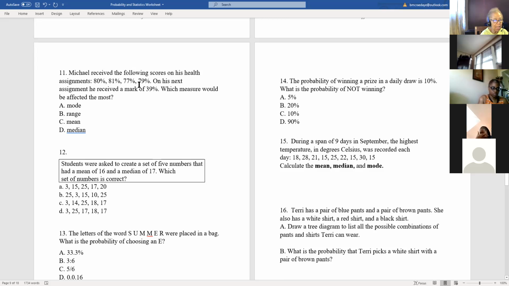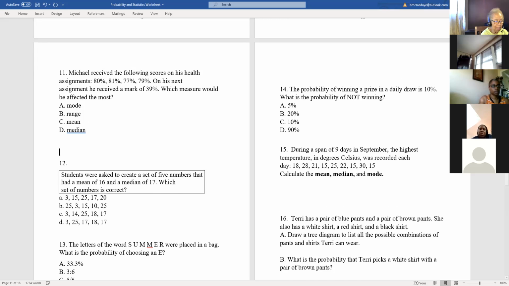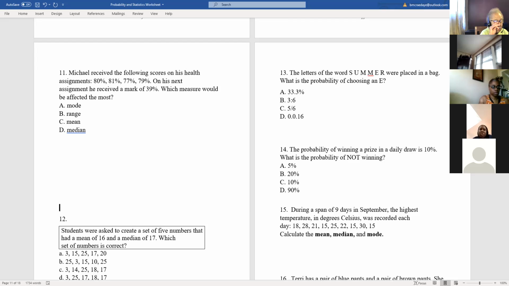Which of these measures, mode, range, mean, or median, would be affected the most, which means you need to calculate mode, median, range, and mean, and determine which one is affected the most.